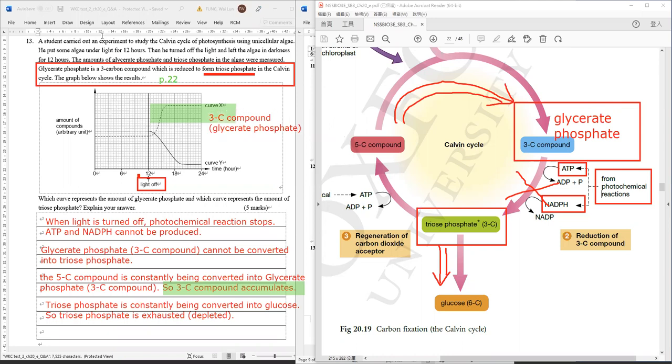Curve Y is triose phosphate, it's depleted, so curve Y concentration drops. Okay, that's all for this solution. If you have any questions, please feel free to ask me.